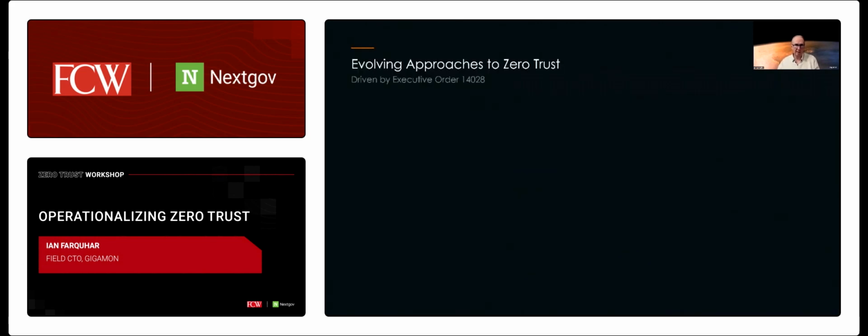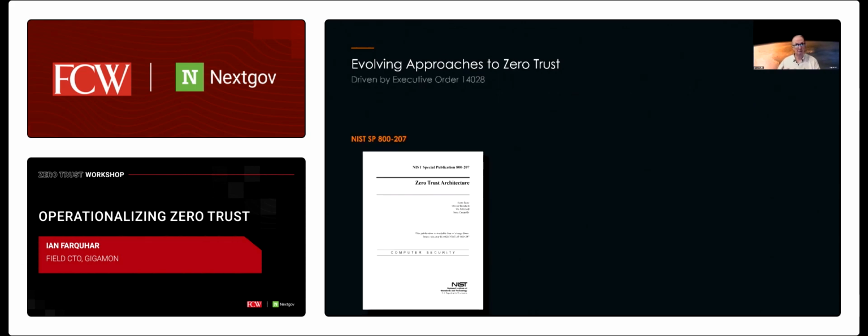Now, many of you will know the next part, but it's worthwhile just spending a minute talking about how we got here and some of the root standards that we're all working to. Obviously, most of us are implementing it because of Executive Order 14028, which requires zero trust architecture. It was a mandate to implement it.